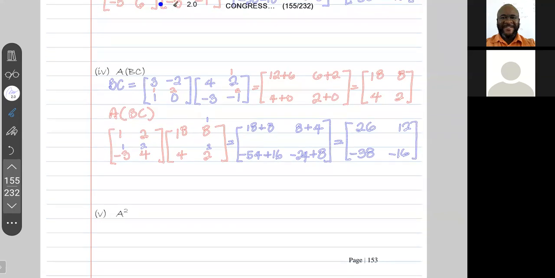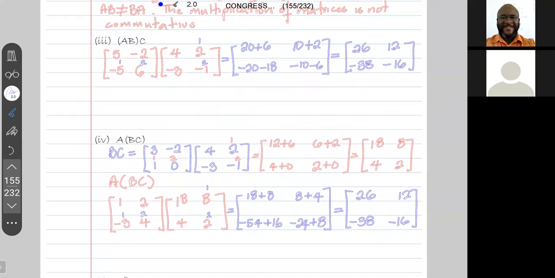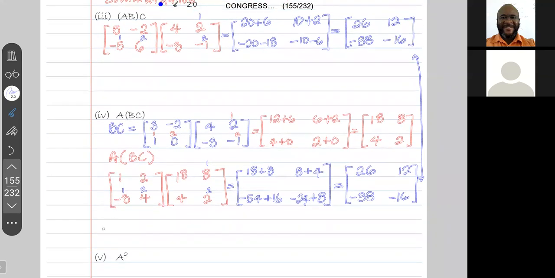All right, what we want to do now is check it out. See how does it compare? How does this compare to this? Why, they look exactly the same to me. So AB times C is the same as what? A times BC.